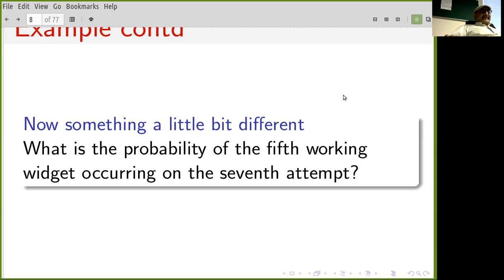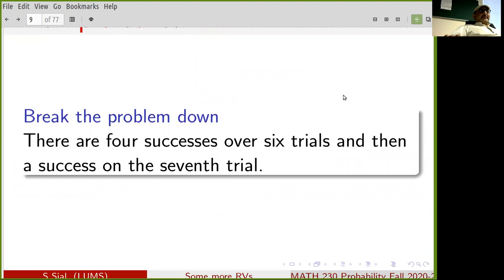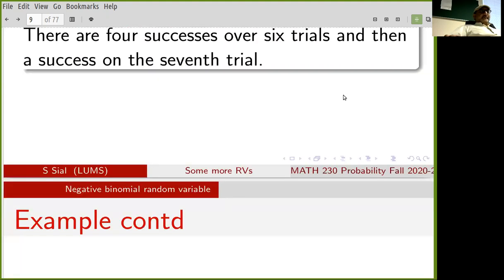And then in 6 attempts, you have to arrange for 4 successes. So you break the problem down. There are 4 successes over 6 trials, then a success on the 7th trial.